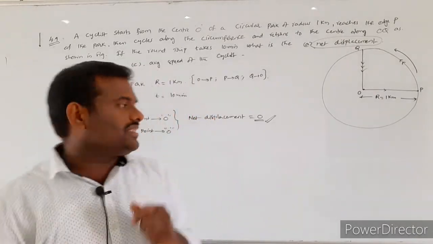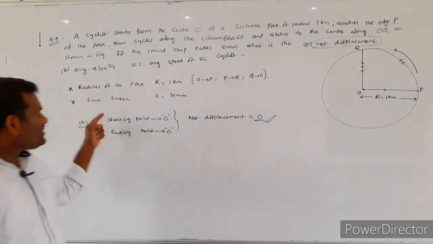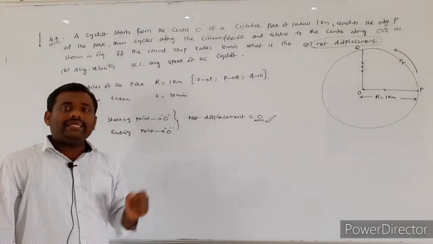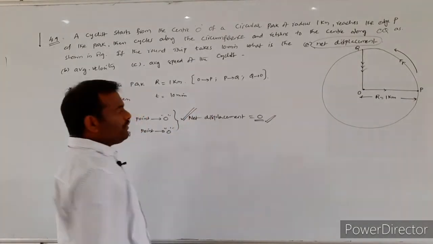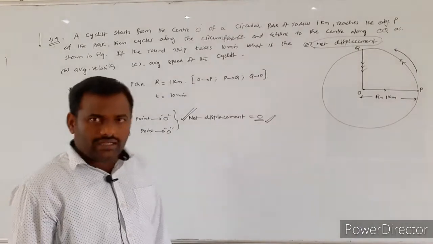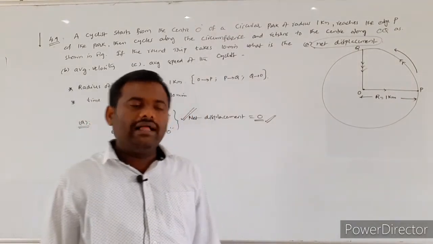But in this case, the starting and ending points coincide, hence the resultant displacement covered by the cyclist is 0. So that is the answer for the first question.